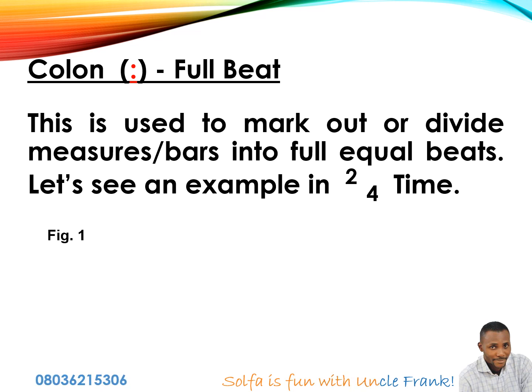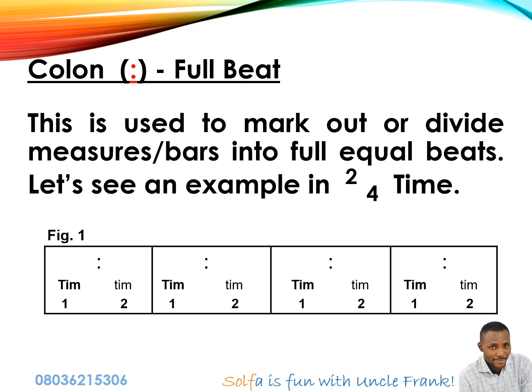Just have a look and see how it looks in figure 1. You see the vertical lines dividing the music into equal measures. The beats are signified by the numbers 1, 2, 1, 2 you see there.